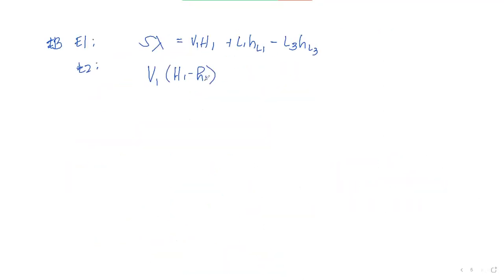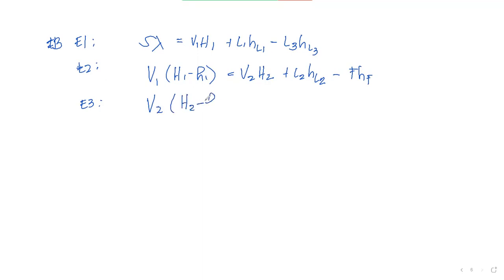So you have this one. And this should be equated to V2H2 plus L2HL2 minus, in the second effect, the feed introduced. So actually the feed is coming from the left side, which is transferred here. For the third effect energy balance, the heating medium in the third effect is the vapor from the second effect.